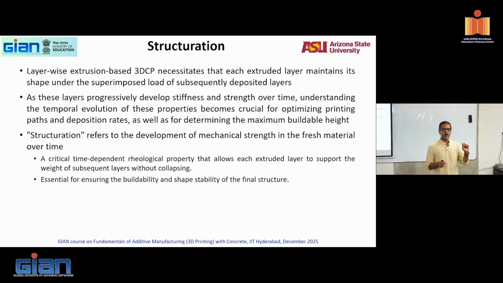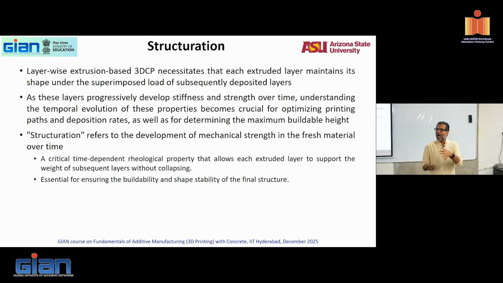Remember, thixotropy is the ability to regain the properties. Structuration is a big brother of thixotropy, which quantifies how mechanical properties develop over time. Thixotropy simply tells you, have you recovered your viscosity? Have I got my static yield strength enough to do it?